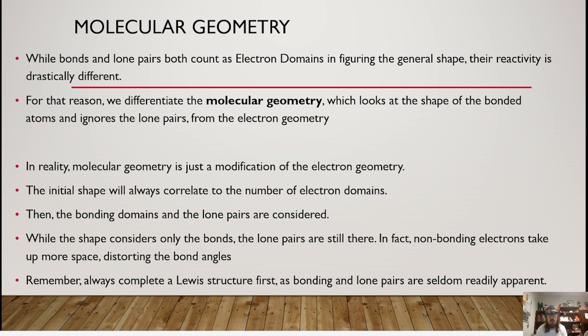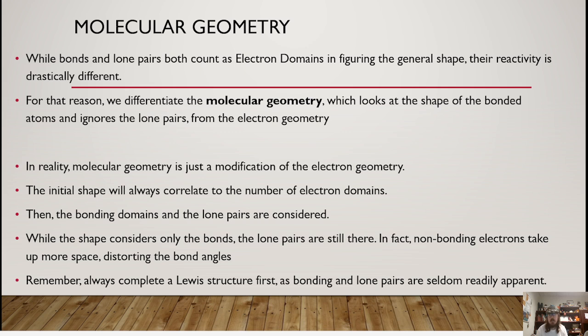We're going to create a modification of our shape based on the difference between the bonding regions and the lone pair regions. The shape that we label will only consider the bonds, but that doesn't mean the lone pairs are not there. They're still there.